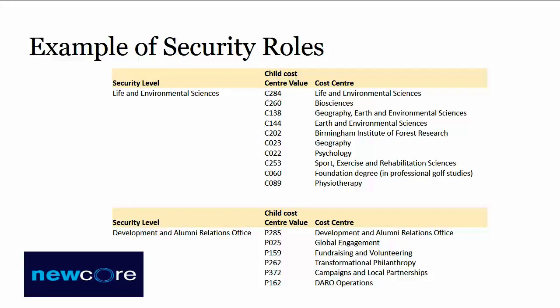We can. But by default, the majority, if not all, will just get the security role that is relevant to them based on where they are in the institution. Same for DARO. It will probably work a little bit better, I suspect, on the professional side of things. In college, it literally is the whole college, but we will see how it goes.